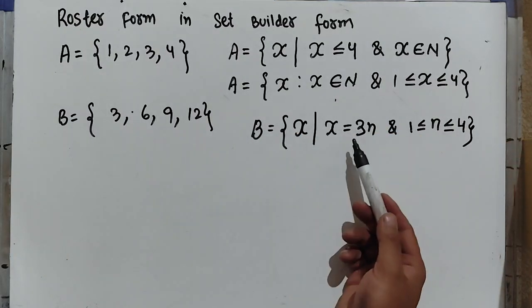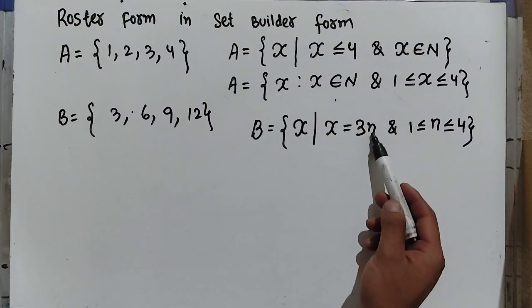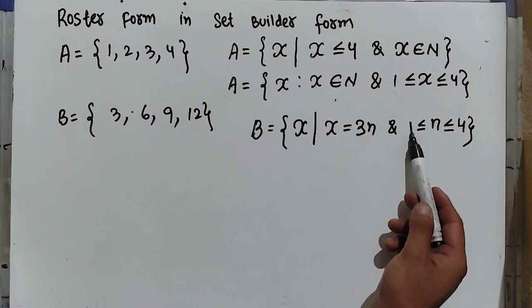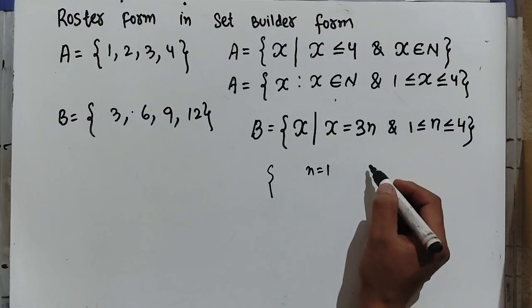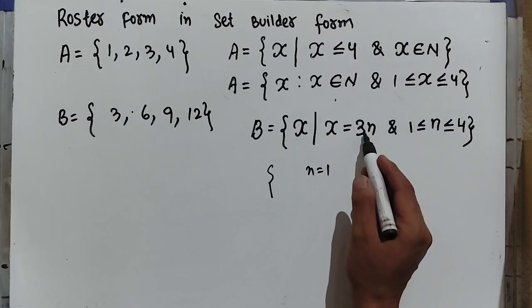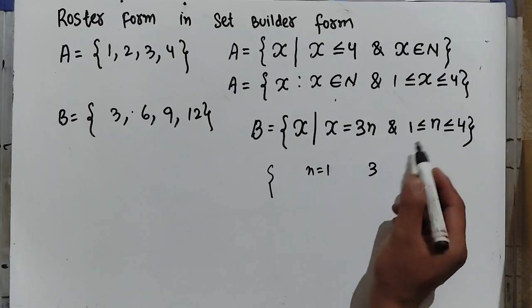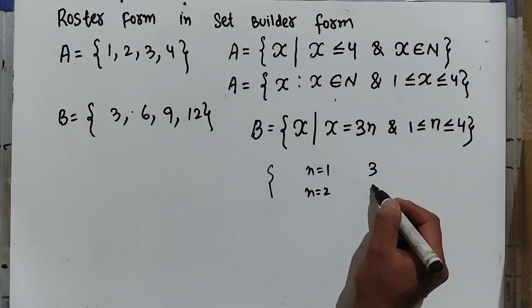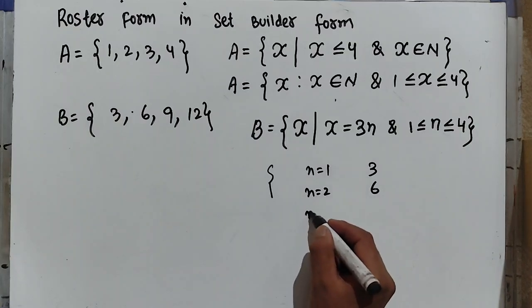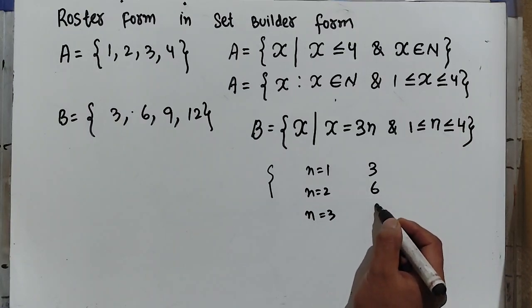So what does this mean? When we plug in n equal to 1, we will get the first element, 3 into 1 is 3. When n is equal to 2, we will get 6. Likewise, when n is equal to 3, we will get 9.